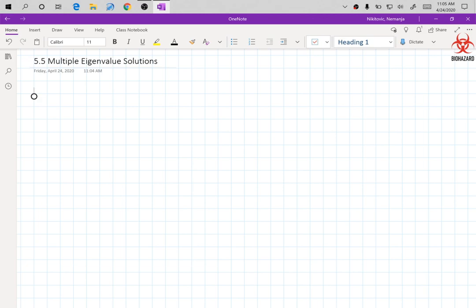And now we have this real repeated eigenvalue. As we are going to see, in some cases we are going to have the full set of independent eigenvectors, and in some cases we will not have that. So we just need to talk about those two types of eigenvalues.